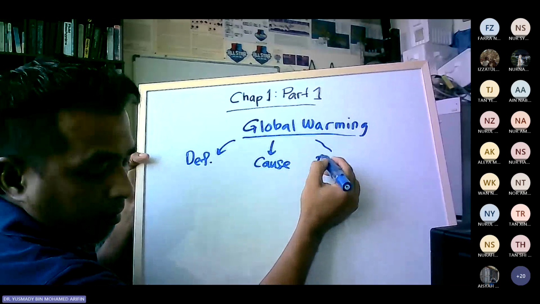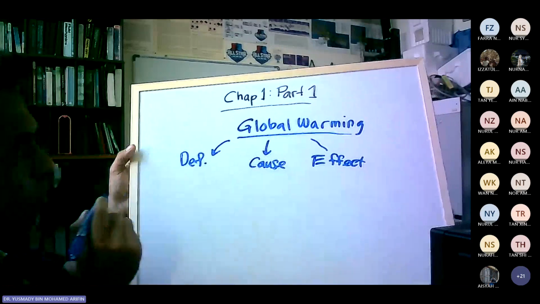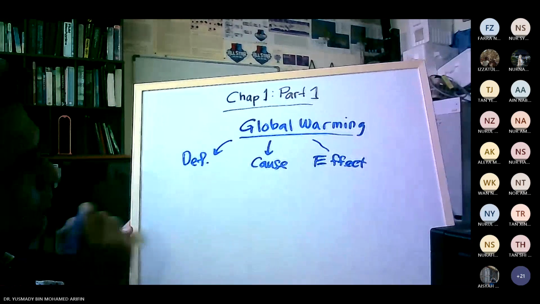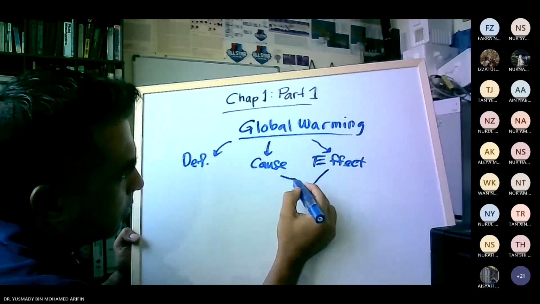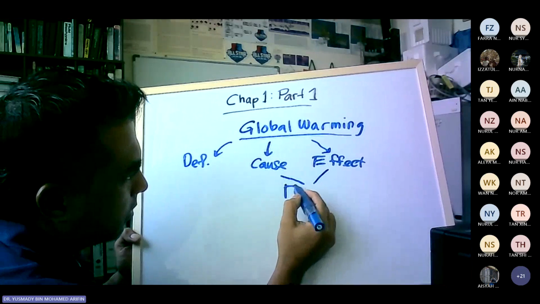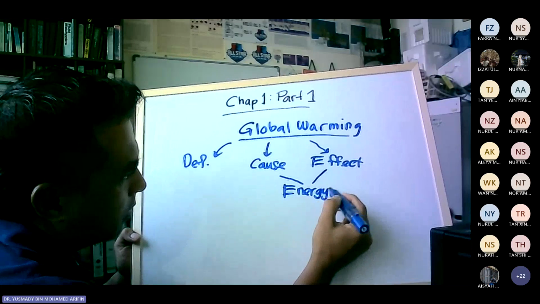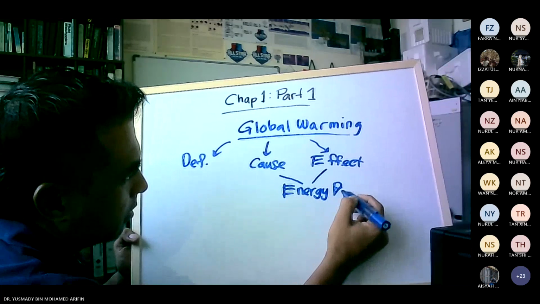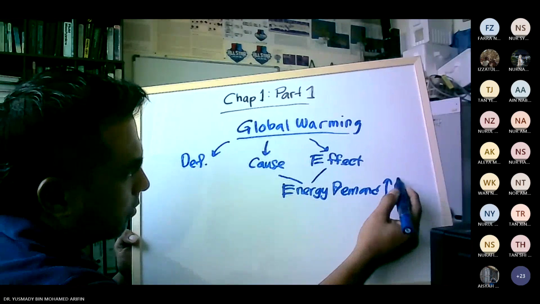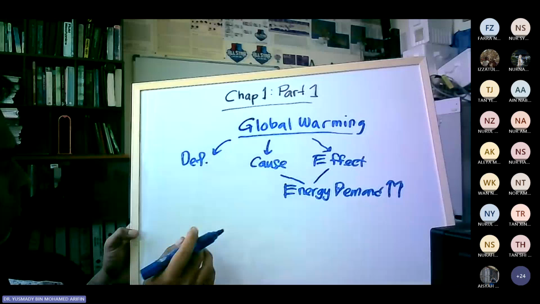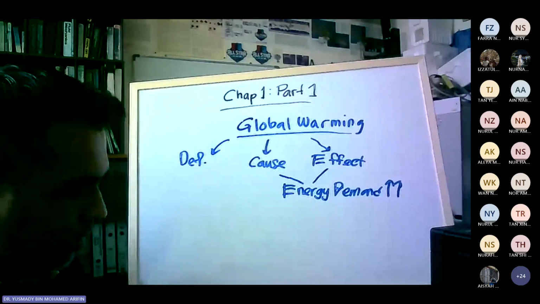The effect of global warming. We also learn about the energy, when energy demand increase. So the effect of global warming probably also will increase due to the GHG emission.